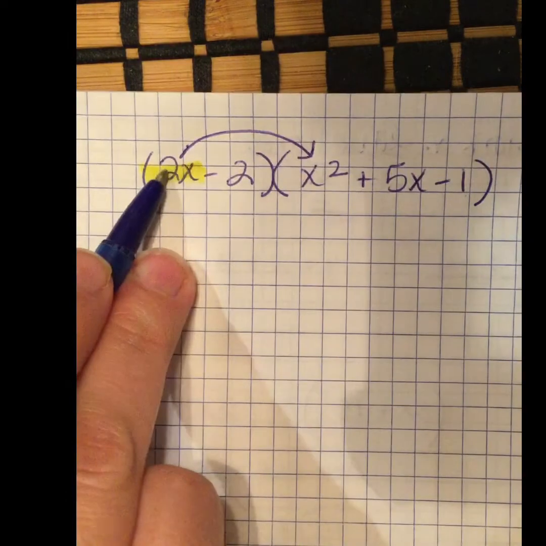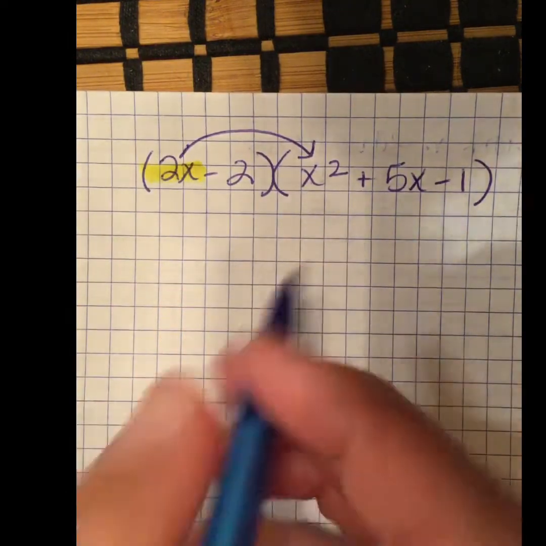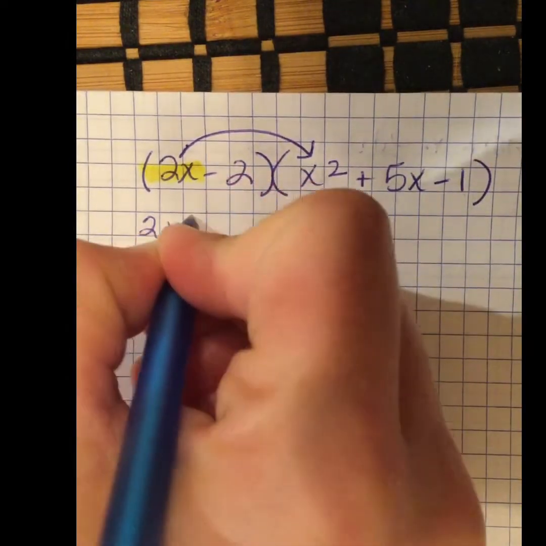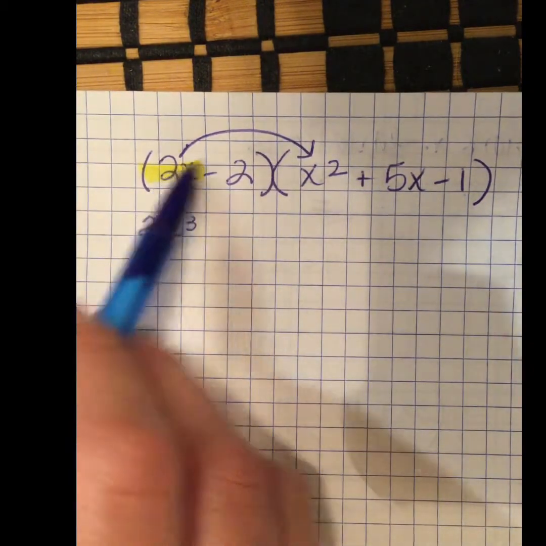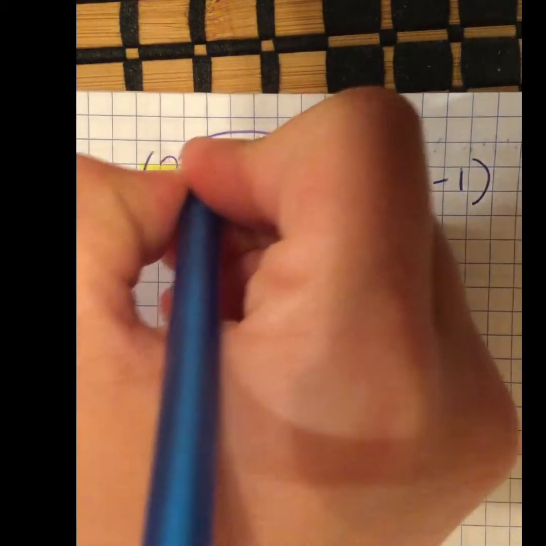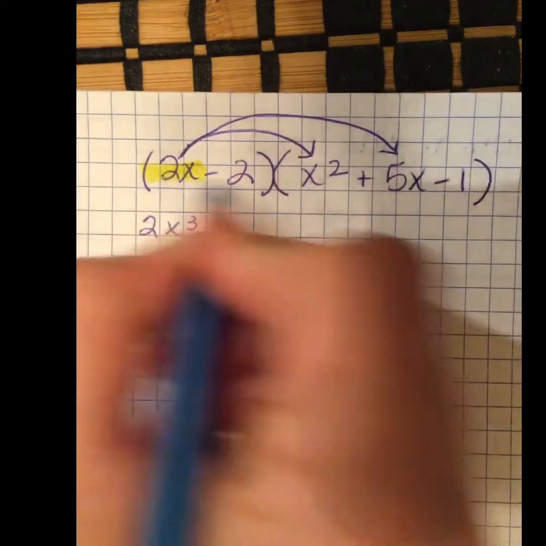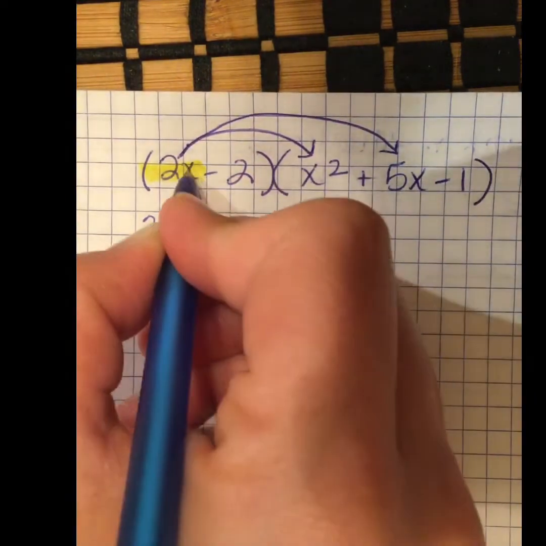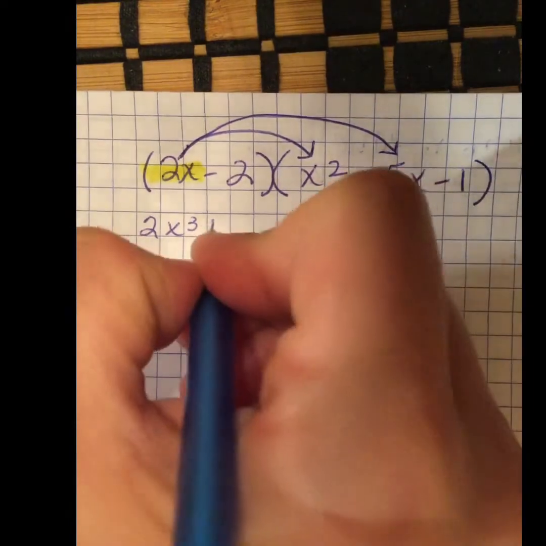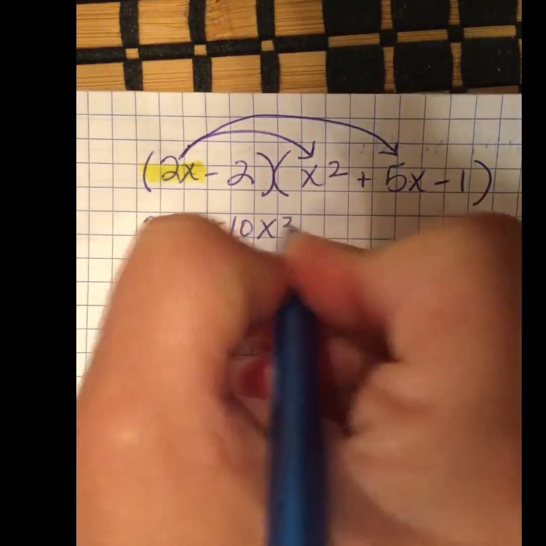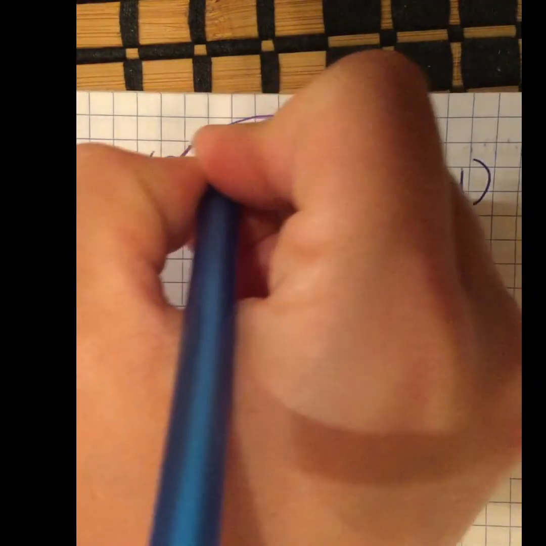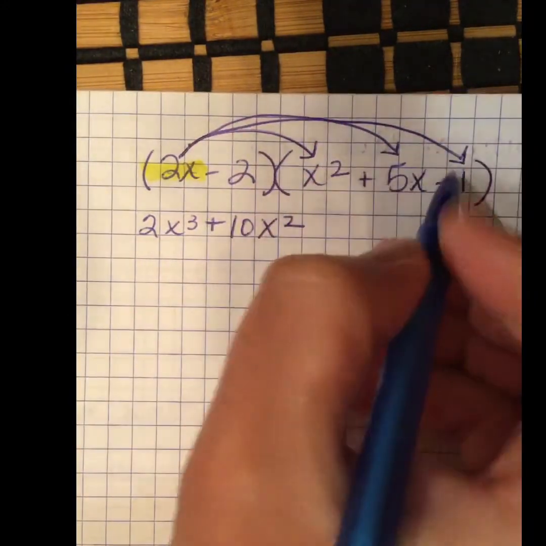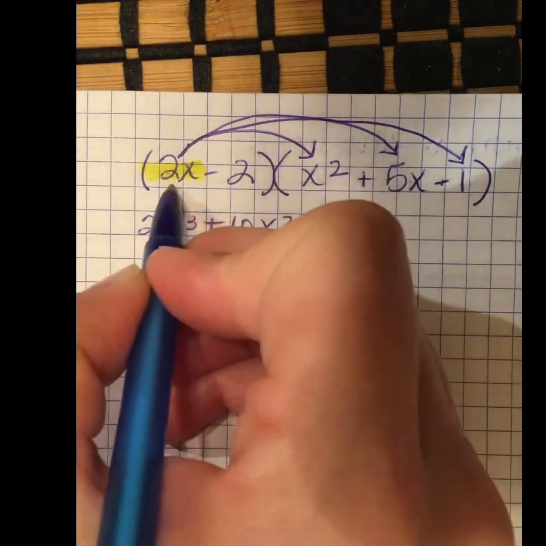So that would be 2x cubed. And then we're going to do the 2x times 5x. That would be 10x squared. Then we're going to do the 2x times the negative 1, which would be negative 2x.